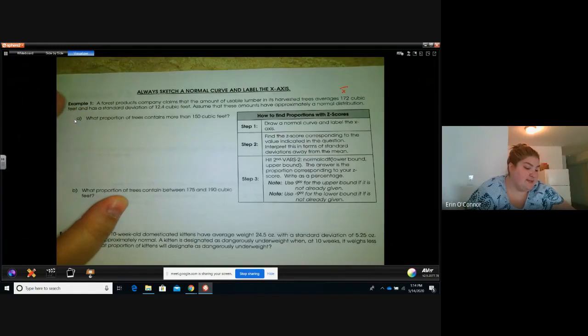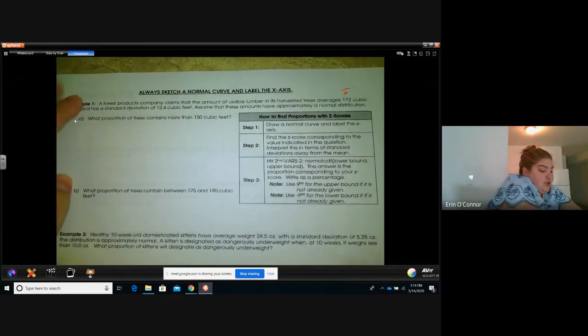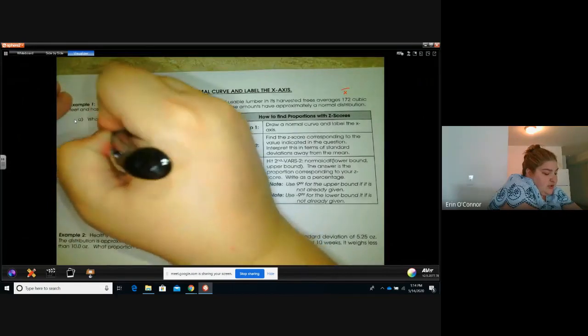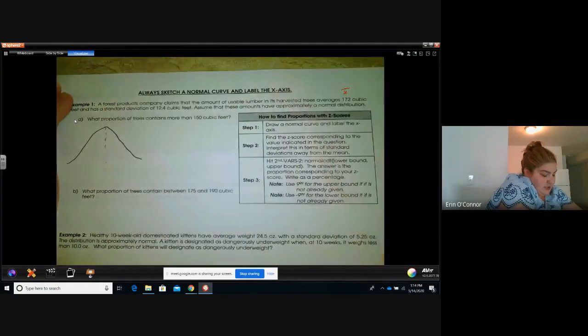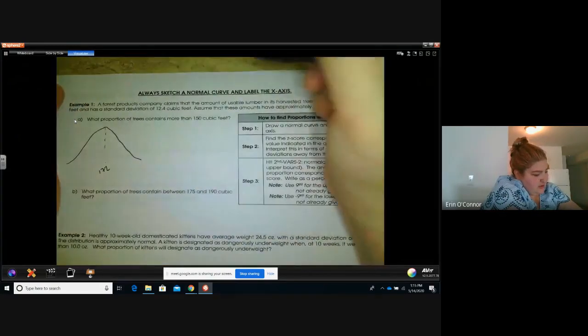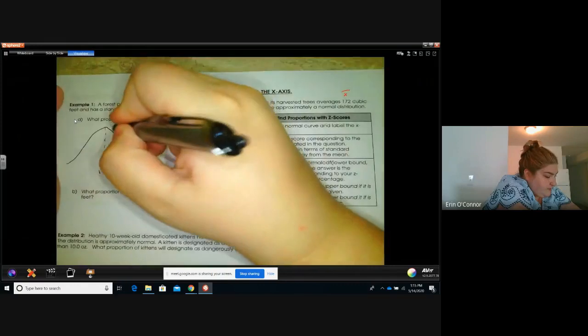Assume that these amounts have approximately a normal distribution. So let's draw our normal distribution. The average is 172 and a standard deviation of 12.4.